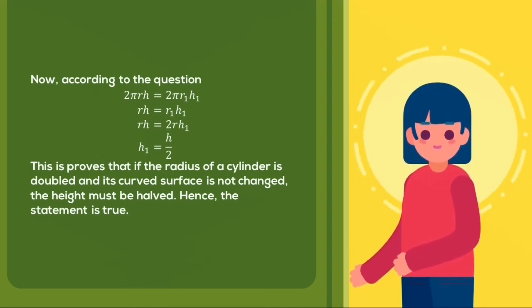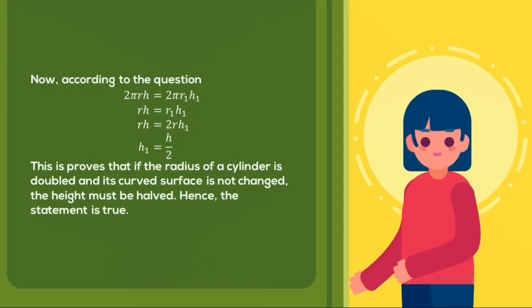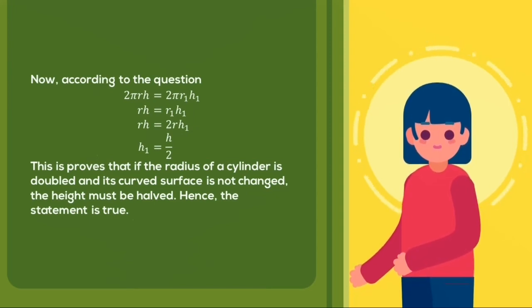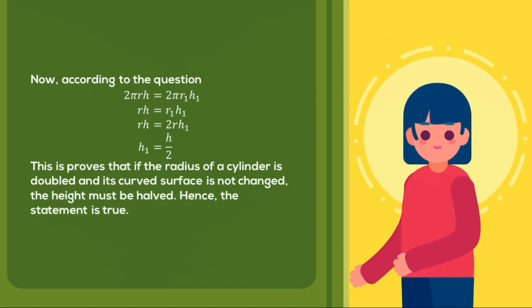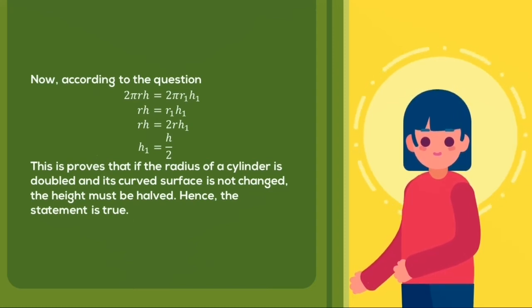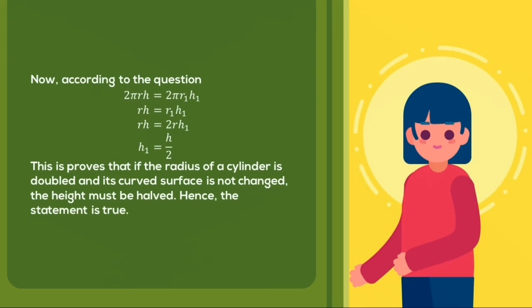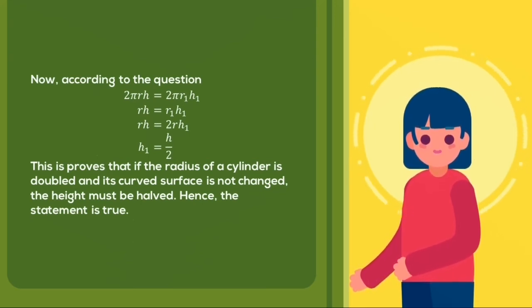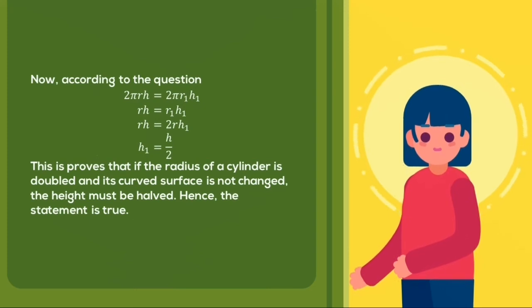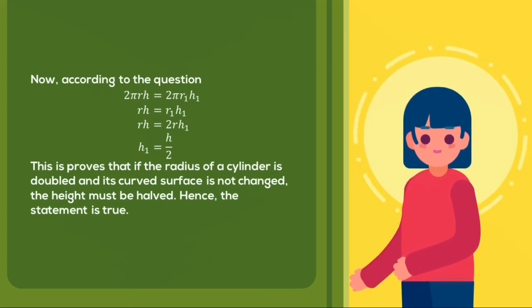And we have that r1 is equal to 2r, so r times h is equal to 2r times h1. We again divide this by 2r, so we get h1 is equal to h over 2. This proves that if the radius of a cylinder is doubled and its curved surface is not changed, then the height must be halved. Hence, the statement is true.